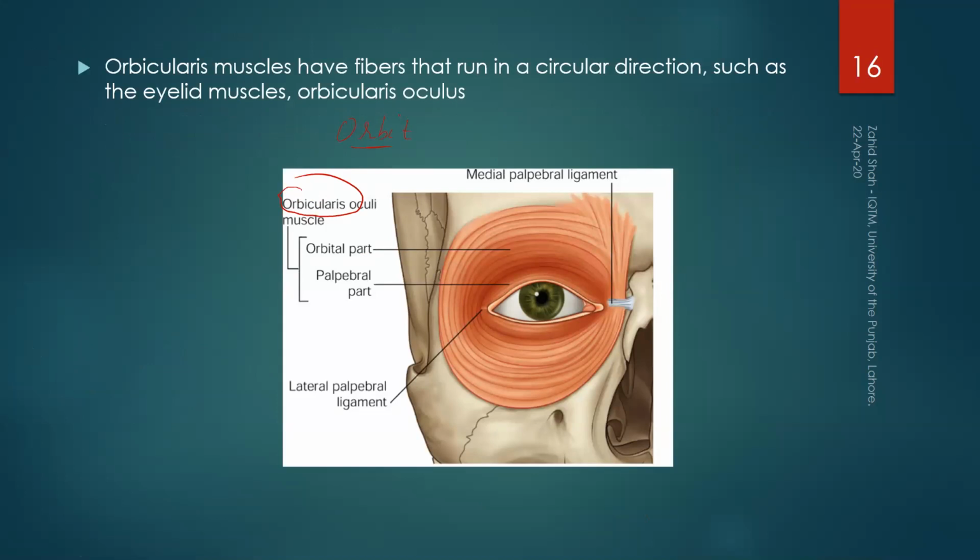So these are called orbicularis oculi. From the word orbit, they are circular. So you can see their orientation is circular. So you can get an idea about the direction of fibers, whether it is straight, at an angle, horizontal, or circular.